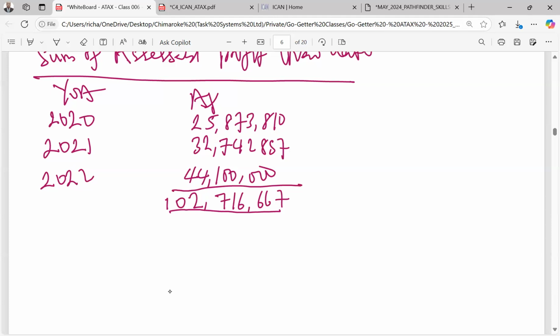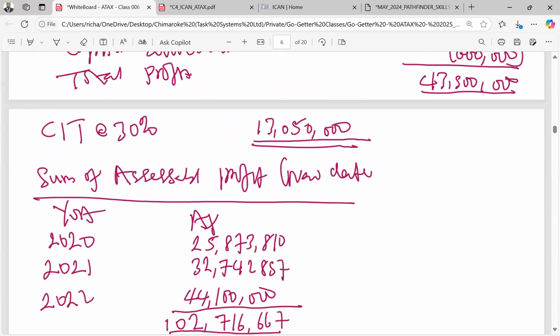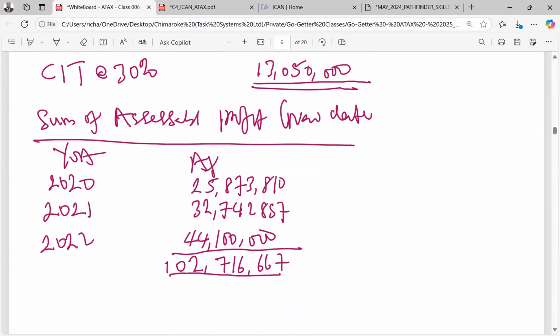Then you go to the new basis, do the same thing, assessable profits only. When you have ascertained that this 102 is higher, you now come down and start doing this in detail. So this would save us the time we are taking to do both of them. That is for exam purpose. But I had to do it this way for lecture purpose so that you will see how it is being done.